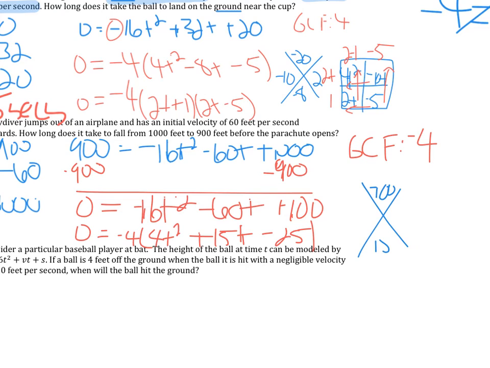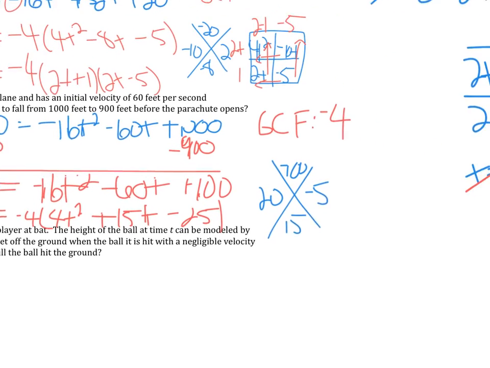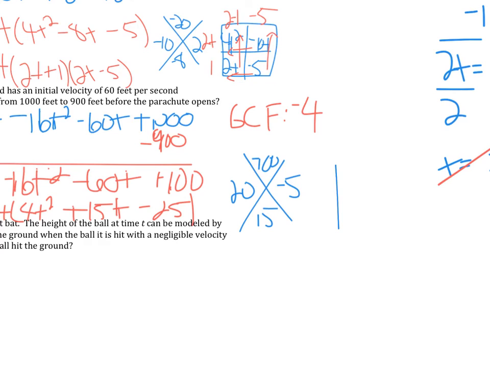And we get 15 down here. So it multiplies to negative 100 and adds to 15. So it's going to be a positive 20 and a negative 5. So let's go ahead and box. And we have 4t squared, 20t, negative 5t, and then negative 25.